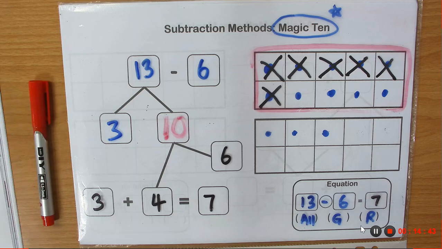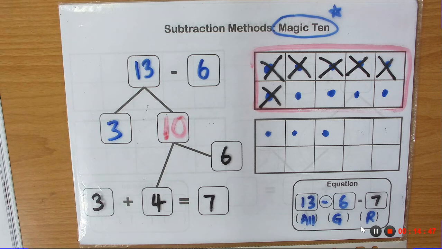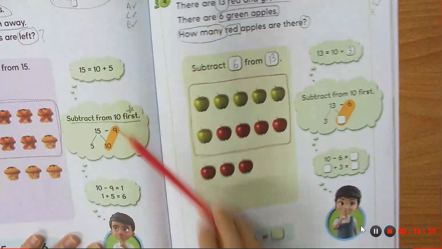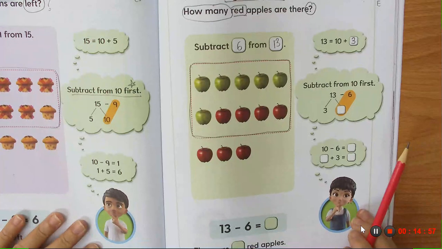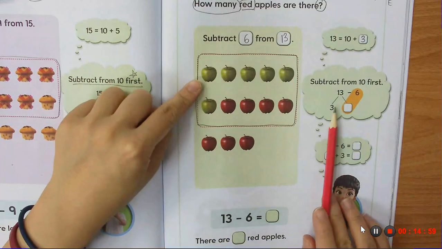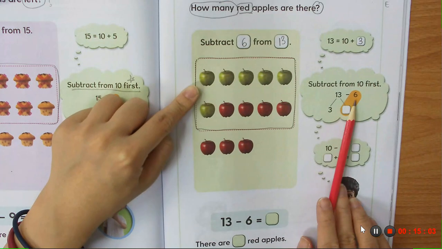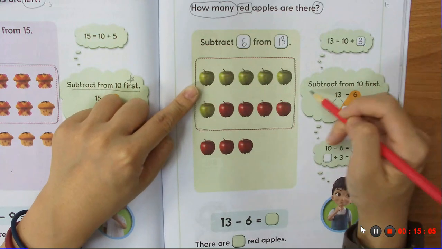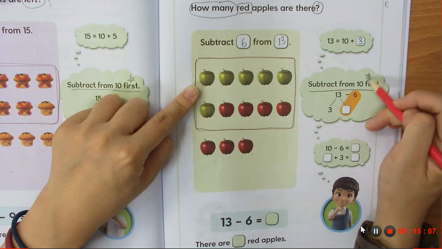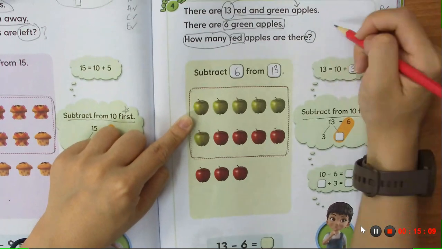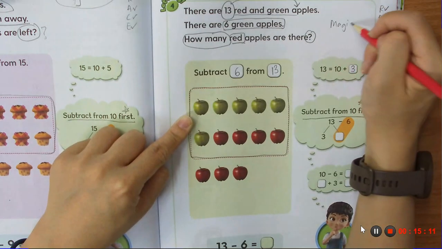Okay, let's check the textbook for how to write the equations one more time. Here's the story again. You can see that when we are doing 13 minus 6, we can subtract from 10 first. That's the strategy Magic 10.